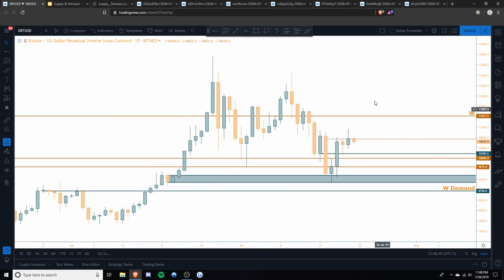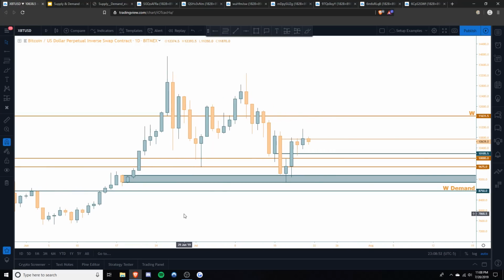Actually, shout out to Orkin. He was asking if I could go over how I get directional bias using supply and demand, and why this is not just a bearish retest of supply. So you had such a key demand zone down here that we were bouncing from.